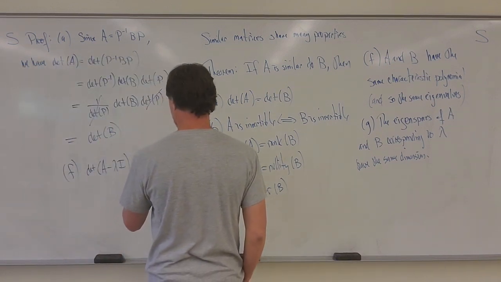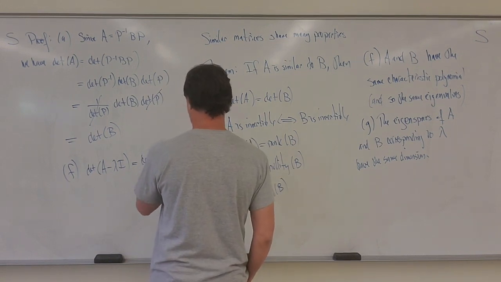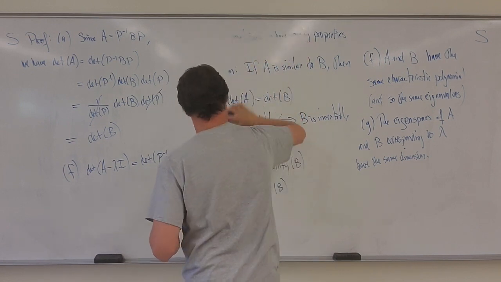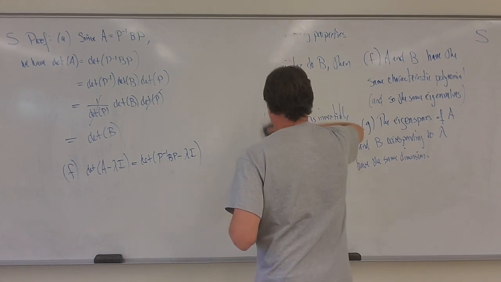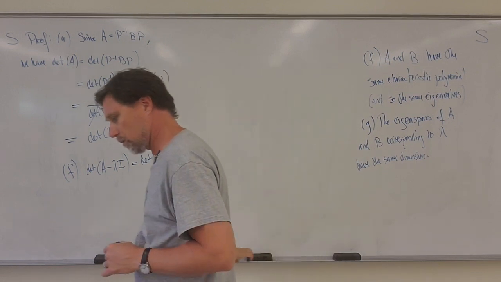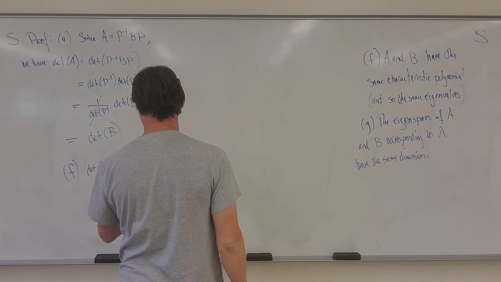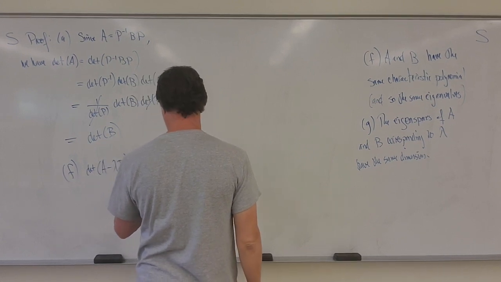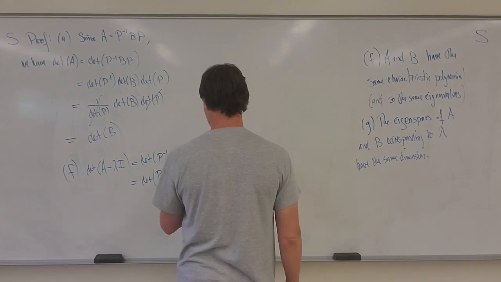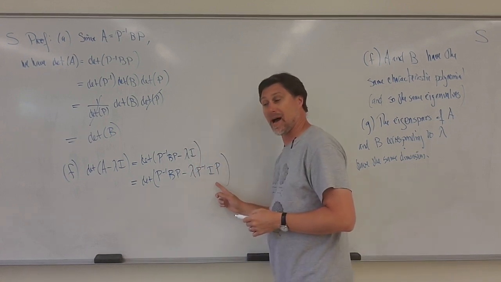So this will be P inverse B P minus lambda I. This is equal to the determinant of P inverse BP minus lambda times P inverse IP, right? I is equal to P inverse IP.